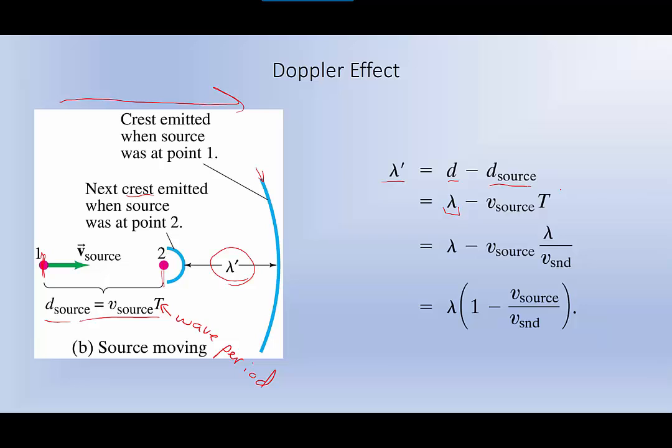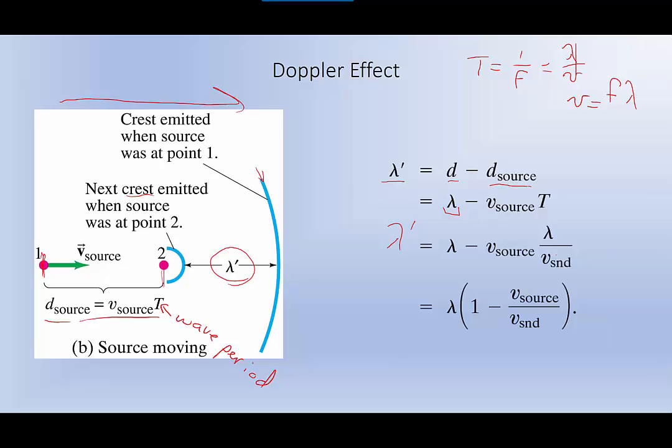Well, remember that period is 1 over frequency, and that v is equal to f lambda. So 1 over frequency would be lambda over v. So our apparent wavelength is our original wavelength minus the speed of the source times the original wavelength over the speed of sound.